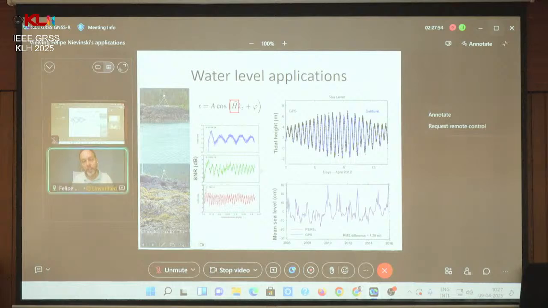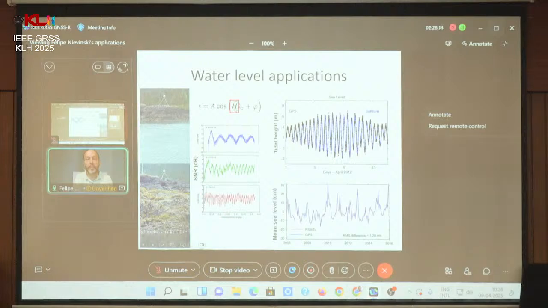And on the interference pattern, you see a high frequency at low tide and a low frequency at high tide, because it's the H factor driving the cosine.